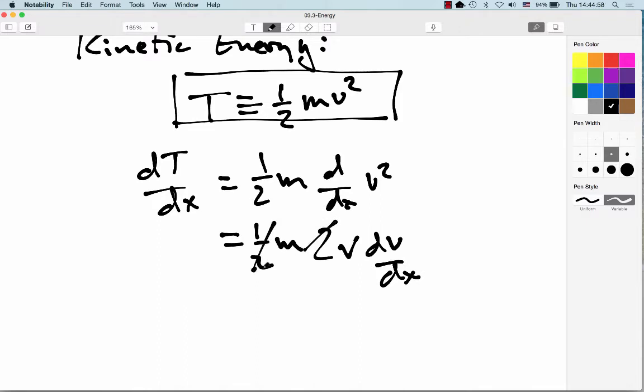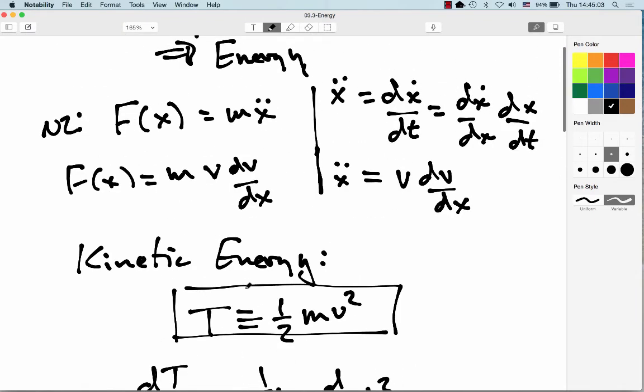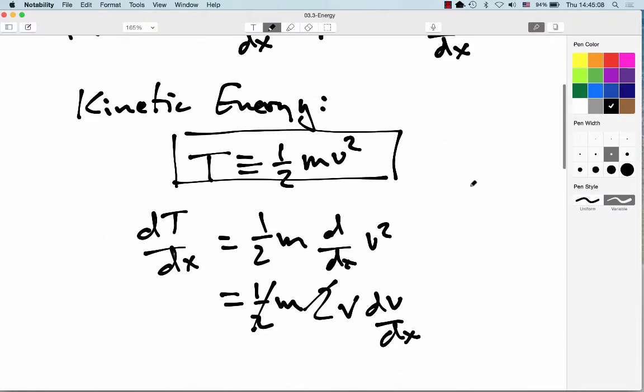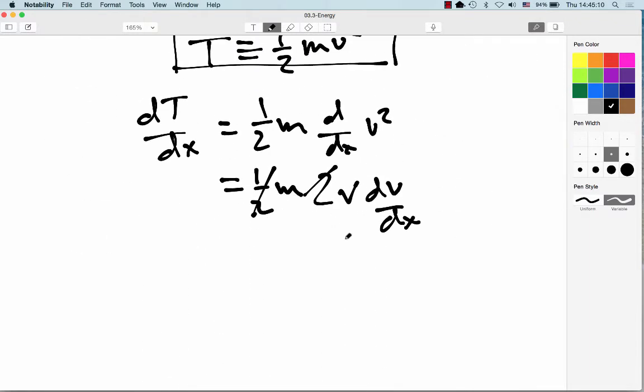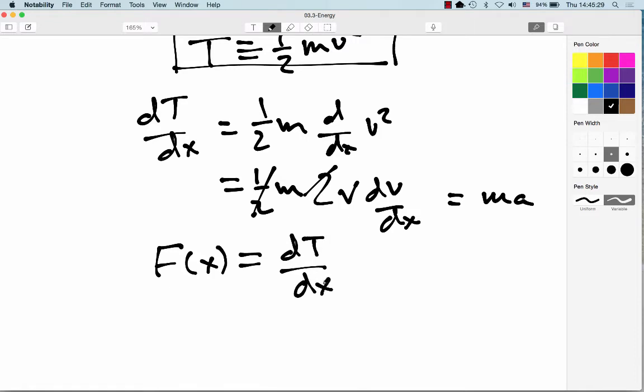The 2 and the 1/2 cancel. Hey, that's kind of cool, because if we look back at our acceleration, v dv dx, here we have again v dv dx, and we've got an m here, so we realize that that's m a. So this means that we can identify our force as a function of position to be the position derivative of the kinetic energy.